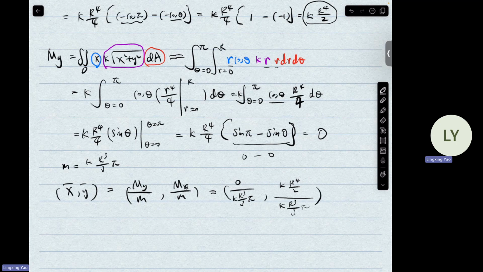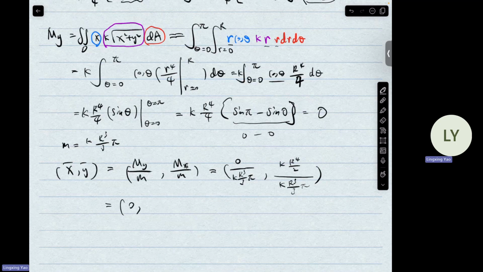Obviously, this center of mass is indeed 0. So k is cancelled, and we have R in the numerator and then 3 divided by pi. This is the center of mass for any laminar region that has a density function which is proportional to the distance from the point to the center of the circle.